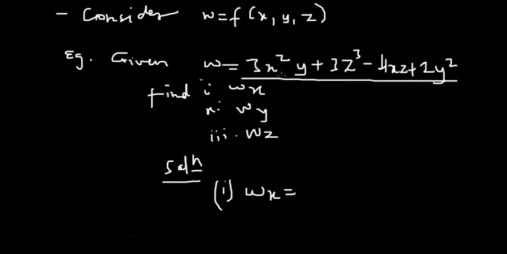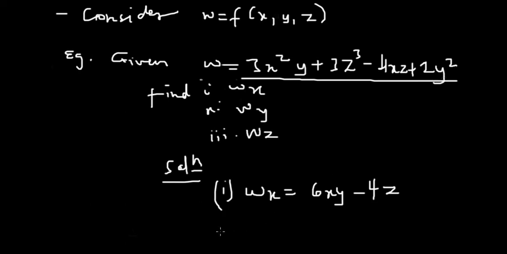As we've already done that, you just use the same approach. So we have 6xy from here, then this will go to 0 because it doesn't have any x variable. Then we come to this portion, so we have minus 4z from here, and then this goes to 0.